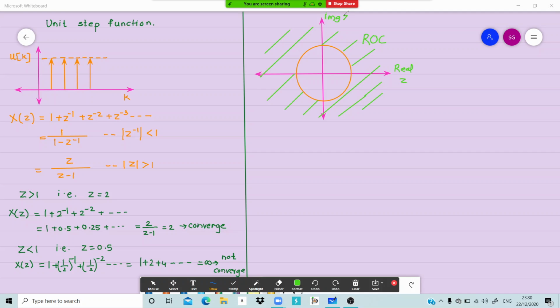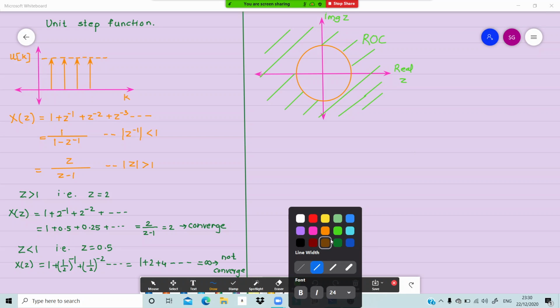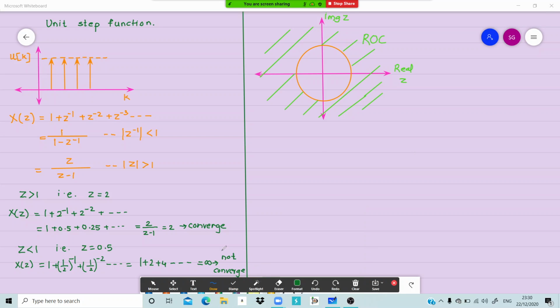What is the connection between ROC and stability of the system? We had seen one thing: if the poles are lying inside the unit circle, then the system is stable.